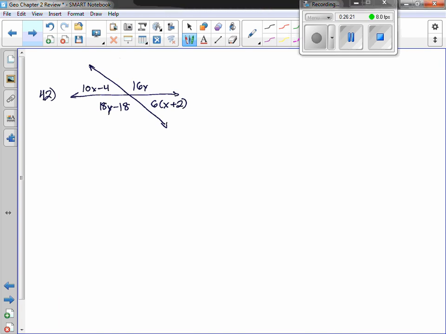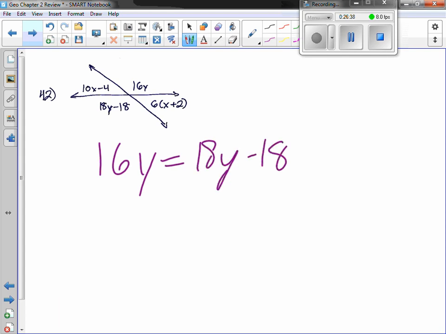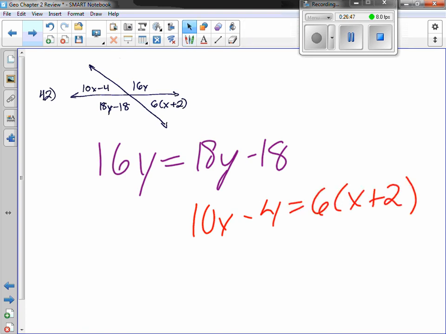Okay. If you need to look at more proofs, come in during flex and we can go over them then. Otherwise, this one here would be a bonus on the test. The way you set it up is using the fact that vertical angles are congruent, and you'd set this one up like this here and solve for x.